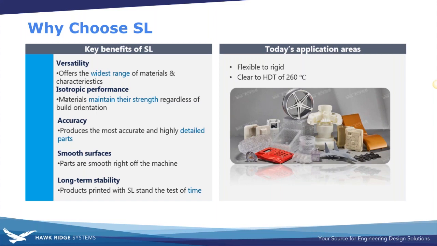When we talk about isotropic strength, if you pull in X, Y, or Z, you want all those to yield or fail at the same amount of pressure or force. Some other technologies do not have that. One direction, which is usually the Z, is quite a bit weaker. That's something that SLA excels at, having isotropic performance.